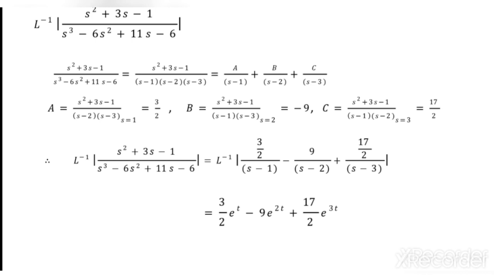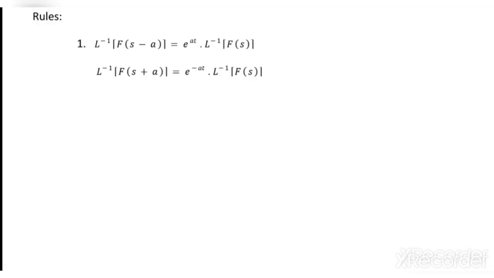Correct? So using the basic results of Laplace transform, the Laplace transform of basic functions, we have taken inverses of those results and worked some problems. Now in a similar way, the rules we have studied, that is Laplace transform of e power at f of t, t f of t, t square f of t, and the Laplace transform of f of t by t, all those results I can take in the reverse way.